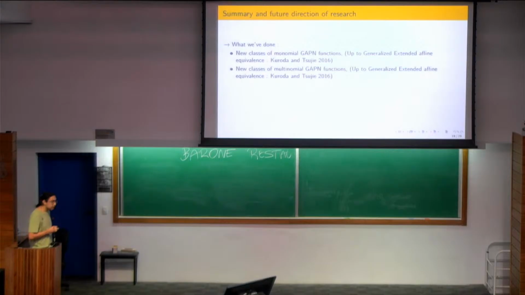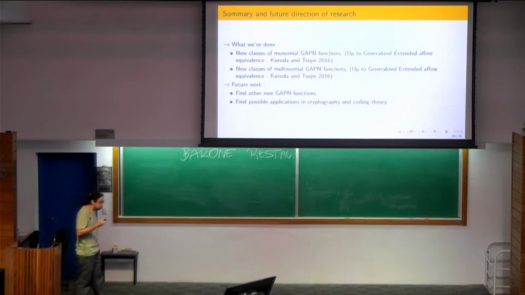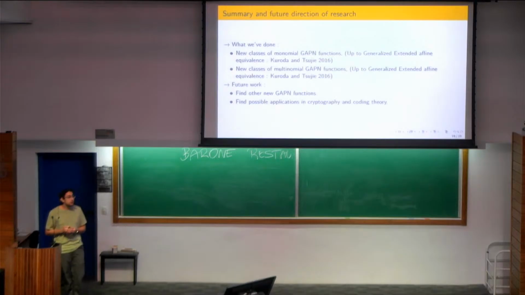And now we are wondering if we can find other new GPN functions, and we are wondering about the possible applications of these functions in cryptography and coding theory. So thank you very much for your attention.